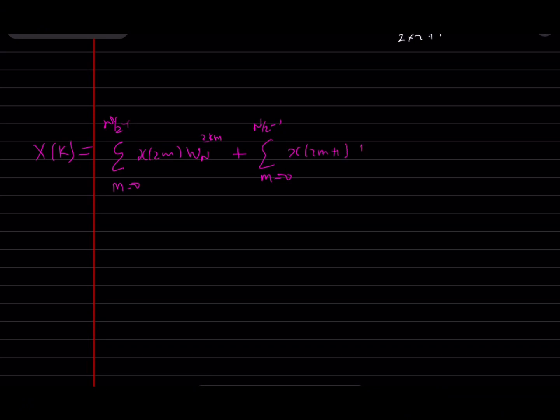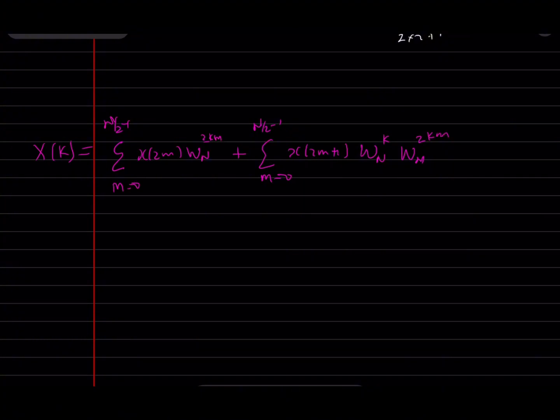Now we can combine the total DFT formula as the summation of m equal to 0 to n over 2 minus 1 of x of 2m, omega n to the power 2km, right, plus the summation of m equal to 0 to n over 2 minus 1 of x of 2m plus 1, and then omega n to the power k, omega n to the power 2km.